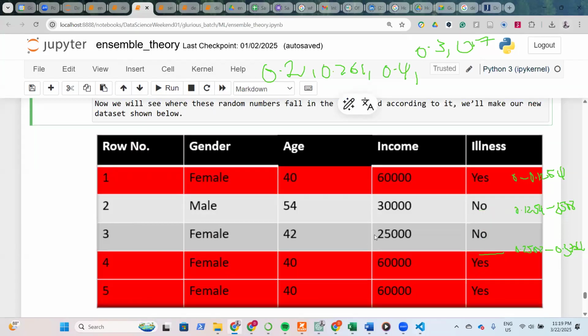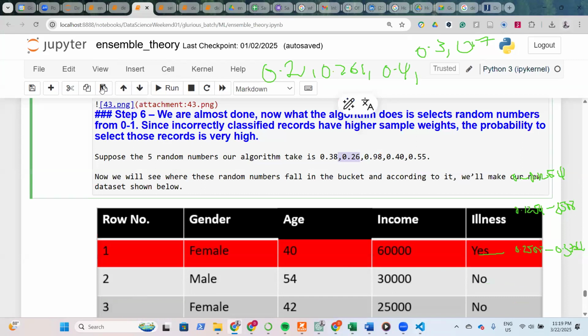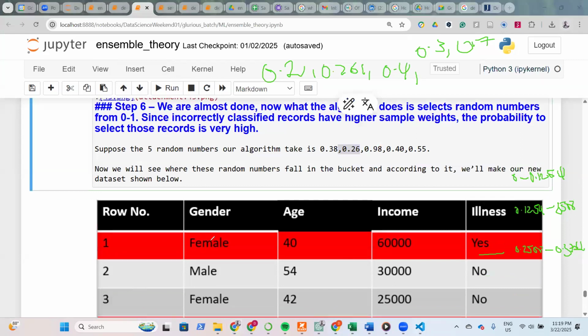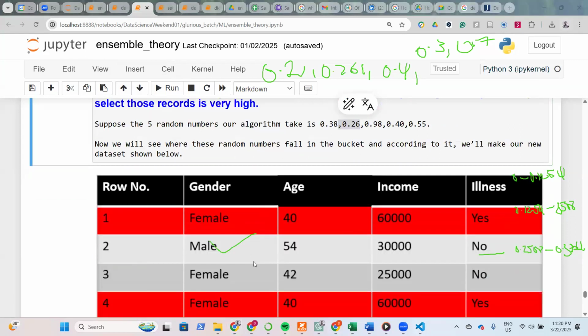In this case, you notice that 3 of our records were in the fourth bucket, the bucket that was misclassified.